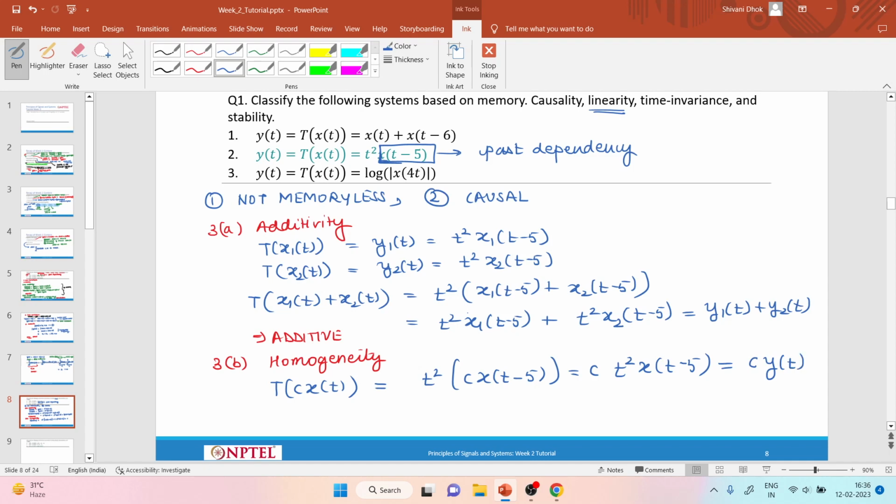So scaled version of input is leading to a scaled version of output. The scaling factors are also same, and therefore this is homogeneous. Since it is homogeneous and additive, it is linear.